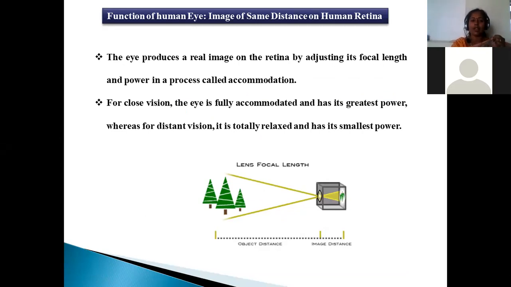In that case, the lens will adjust itself in order to give resolution with equal intensity at all times. For that purpose, it adjusts the focal length. The distance between the eye and that object, the focal length, can be adjusted, as well as the power of vision. Both can be adjusted simultaneously. The process is called accommodation.